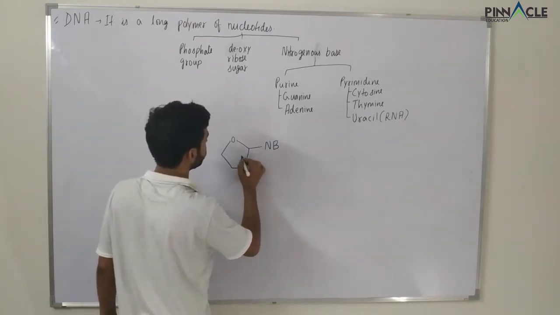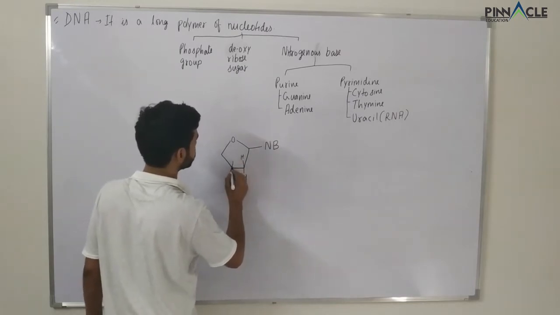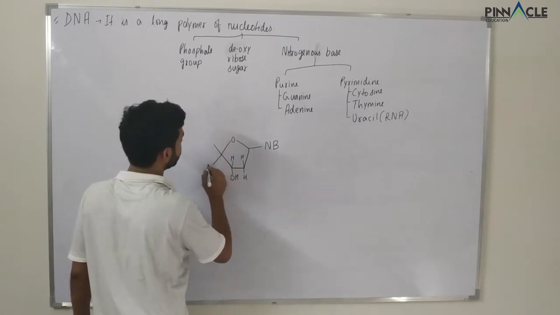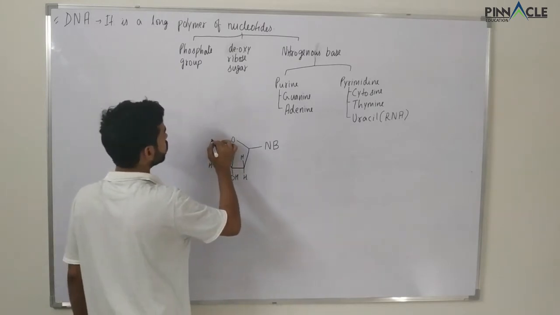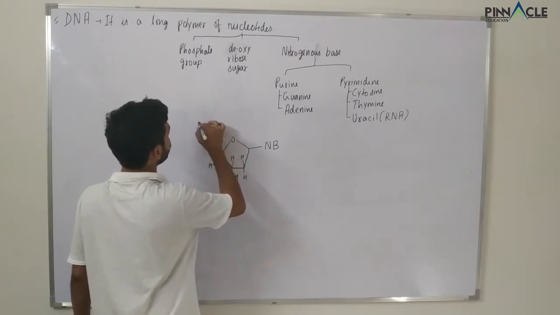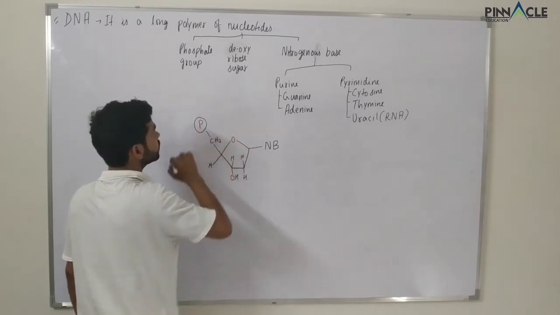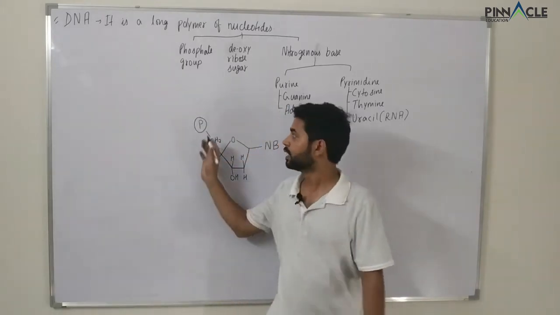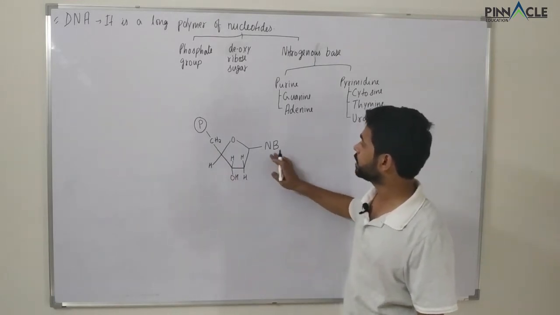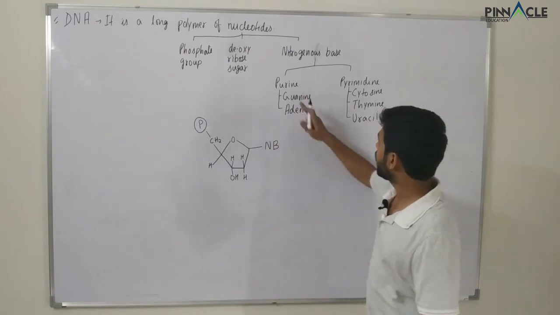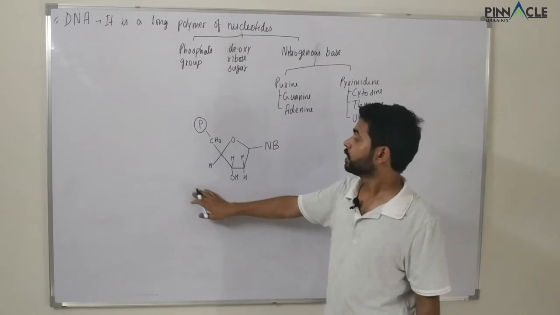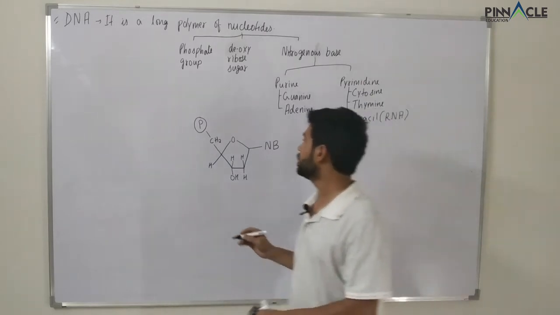And here we have the hydrogen group, this H group, and also we have a CH2 group which is attached to a phosphate group. This is not phosphorus, this is a phosphate group, that is why it is encircled. So this is the normal structure of a nucleotide. Nitrogenous base, which could be any of these bases, then a deoxyribose sugar, and then a phosphate group. So this is the normal structure of a single nucleotide.